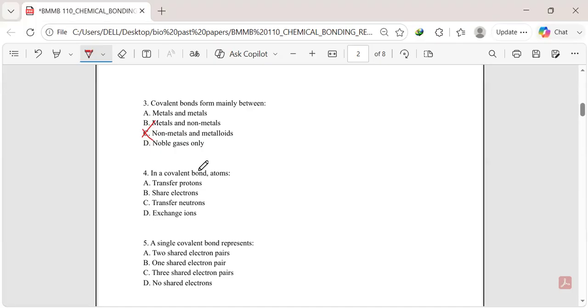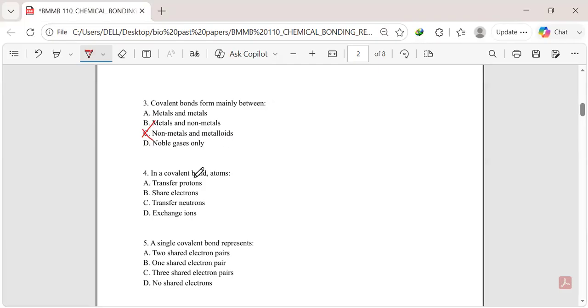And then valence refers to the valence electrons. So atoms in a covalent bond have this mutual sharing of pairs of valence electrons. This is done in order to fill their outermost energy levels. So the protons and the neutrons stay locked inside the nucleus and do not move during this process of bonding.